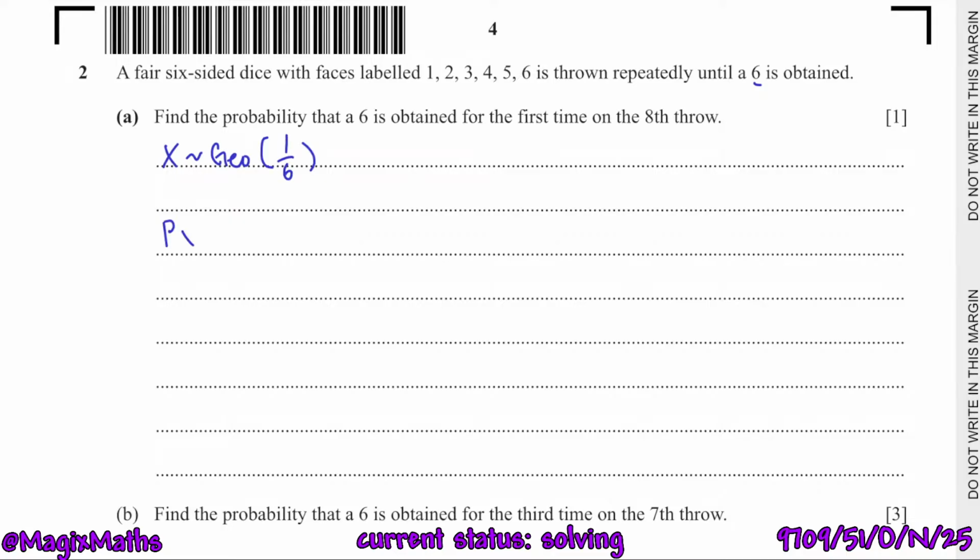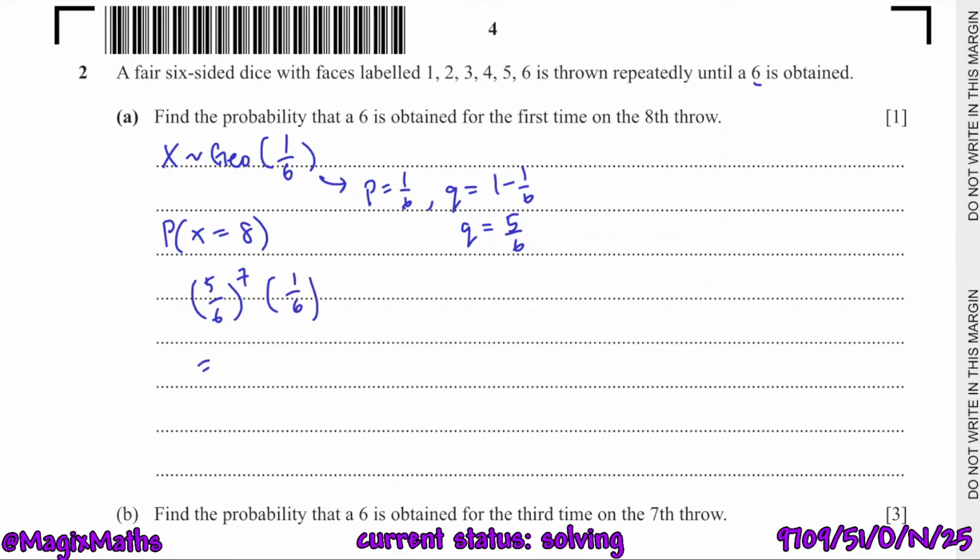So the probability of having our first success on the 8th attempt is, you can see here, p equals 1 over 6, hence q is 1 minus 1 over 6, q is 5 over 6. So first 7 attempts we failed, and then followed by a successful attempt.